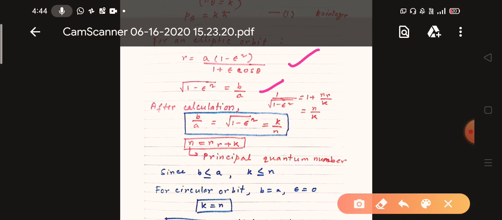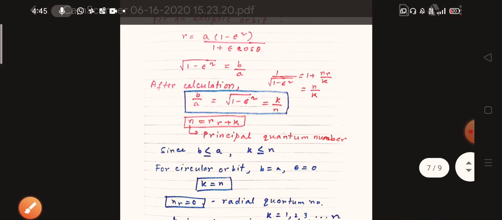After calculation he got that b by a equals k by n, that is, 1 by root over 1 minus epsilon square equals 1 plus n_r by k, where n is the principal quantum number, which is the sum of the radial quantum number and the azimuthal quantum number.